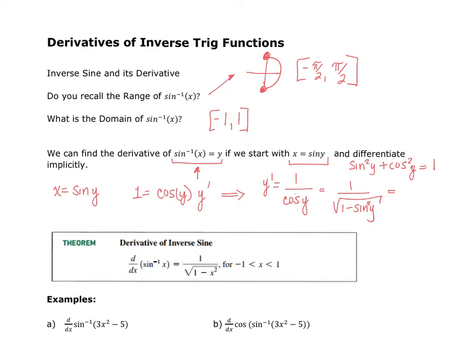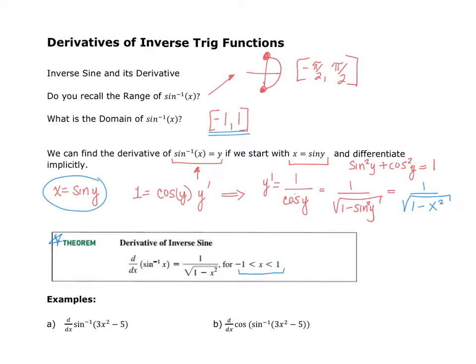And if we go back to our original expression, sine y is equal to x. So we're going to get 1 divided by the square root of 1 minus x squared. So in summary, the derivative of the inverse sine of x is 1 divided by the square root of 1 minus x squared, as long as x is between negative 1 and 1, which is the domain of your inverse sine.